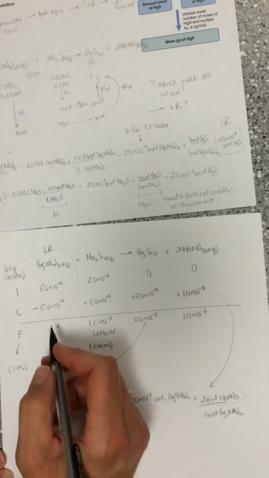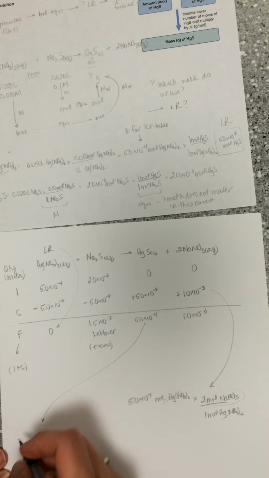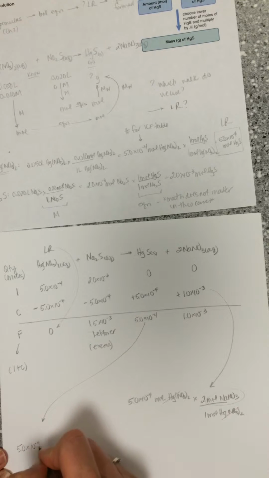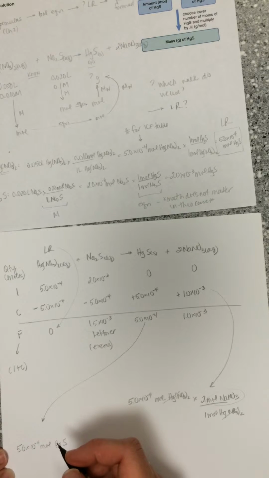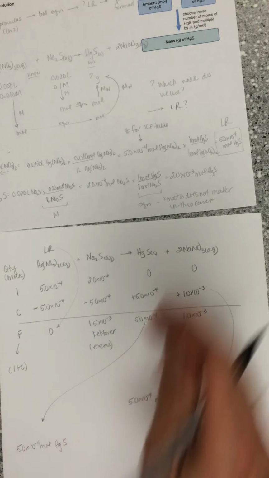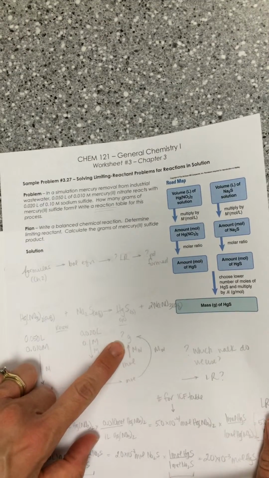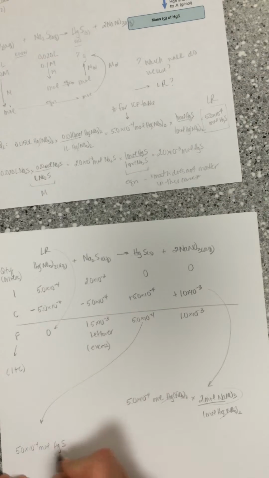We know, based on our limiting reactant calculation and our reaction table that allows us to keep track of everything, that we are going to make 5 times 10 to the minus 4th moles of mercury 2 sulfide. The problem asked us to calculate how many grams of mercury sulfide are going to form. So we have the moles of mercury sulfide that we're going to form.